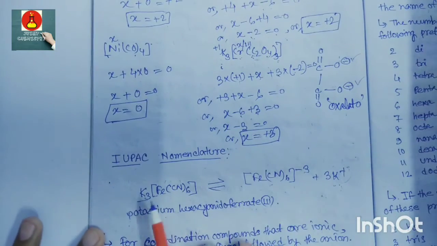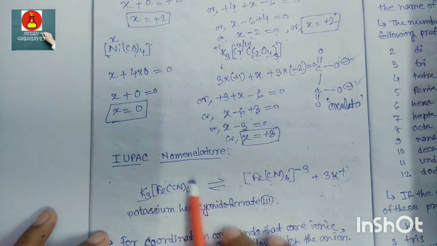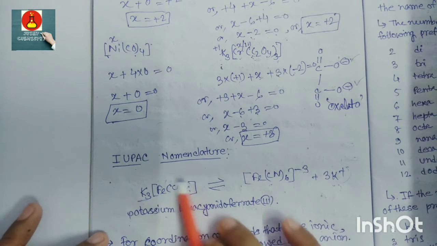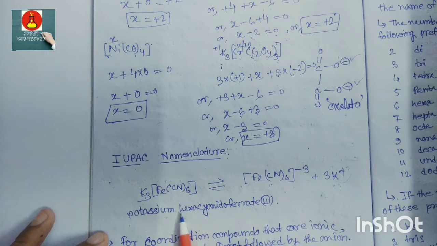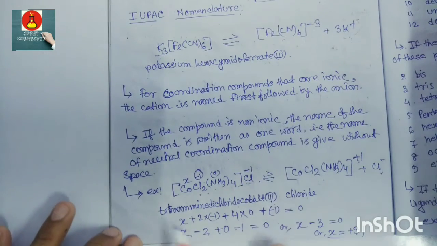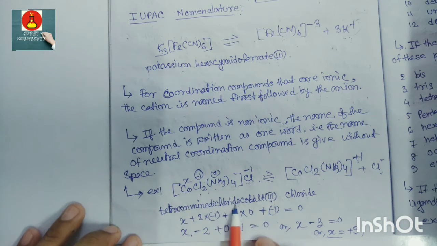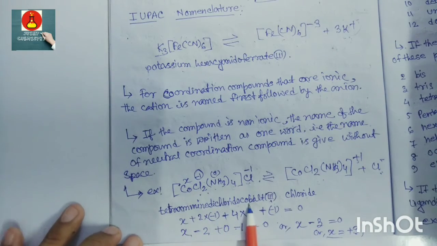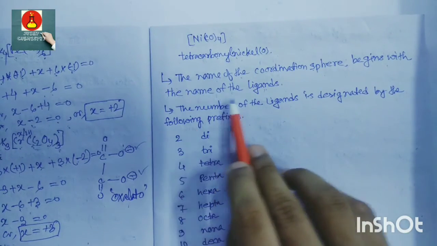Again we can see, in case of K3 FeCN6, in the naming of coordination sphere FeCN6, they name first hexacyanido, then the name of the metal. In this cobalt complex, they name the tetraammine dichlorido first, then the cobalt. So this is the rule: the name of the coordination sphere begins with the name of the ligands.